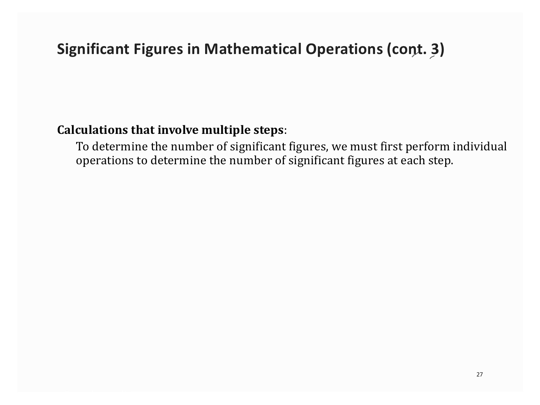Okay, so for example, if we look at 1.23 grams minus 0.567 grams and divided by 0.3442 centimeters cubed.